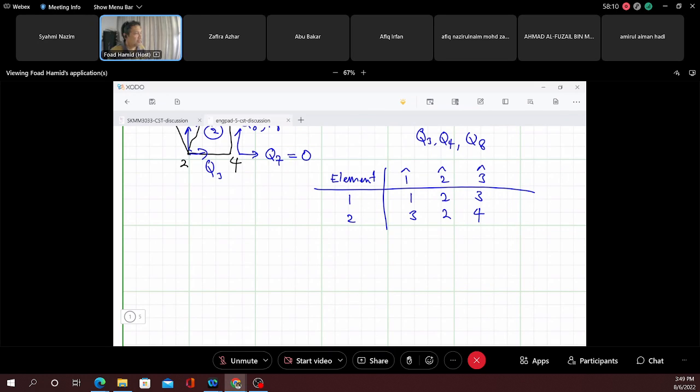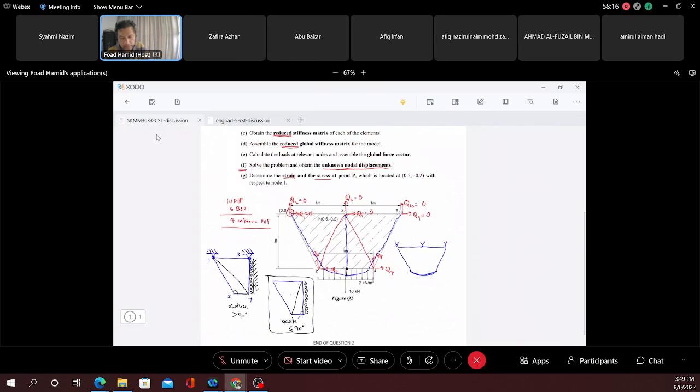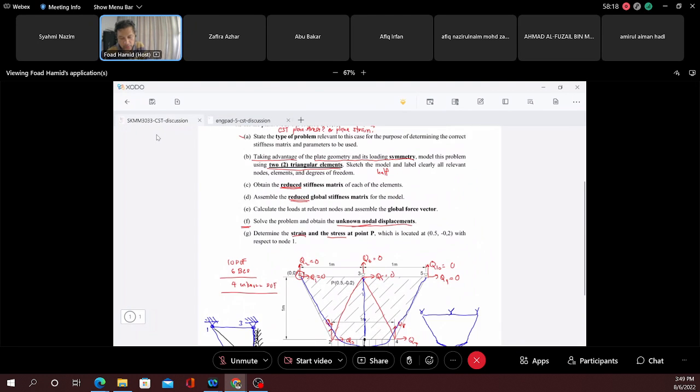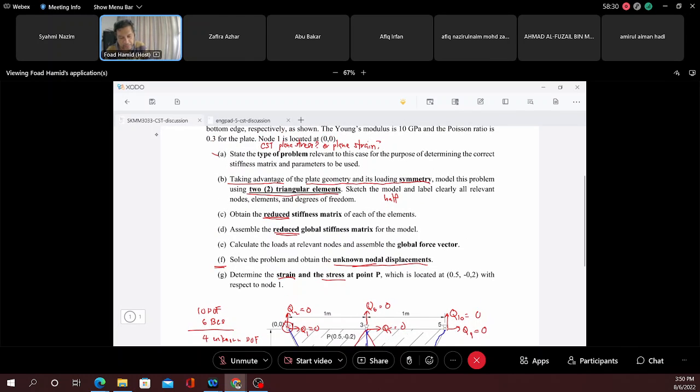Now let's do the next one. C is asking for, okay, obtain the reduced stiffness matrix for each of the element. So before we can do that, okay, remember part A here.